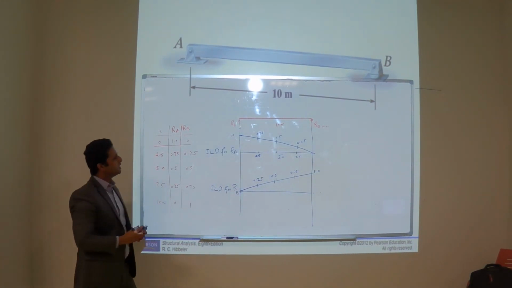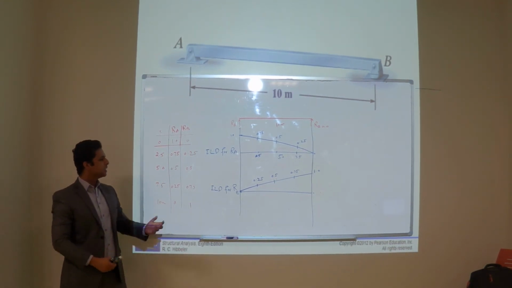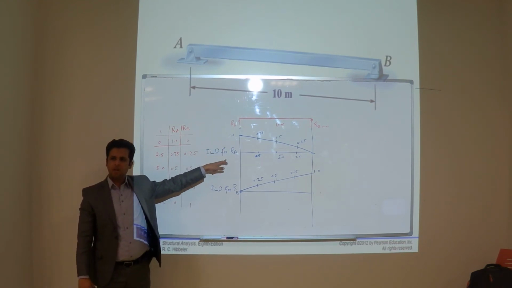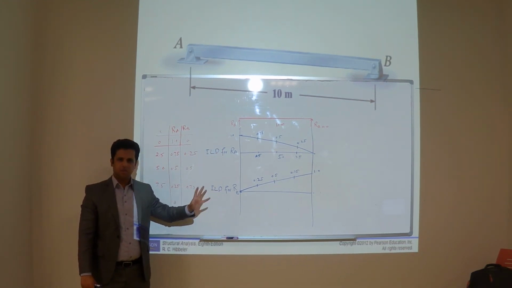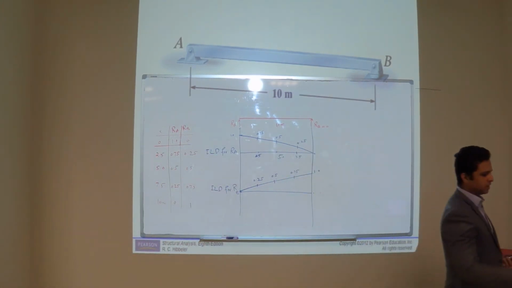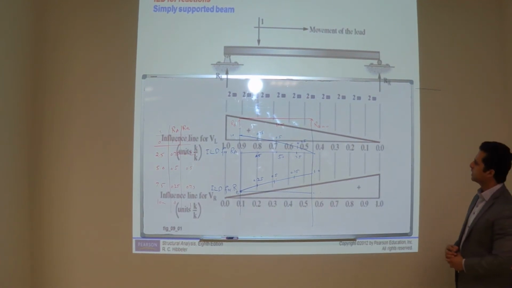So now you can see these two diagrams. These two diagrams are basically influence line diagrams for two reactions, the reaction at RA and the reaction at RB. Is it difficult? No. Let's go back to this diagram.